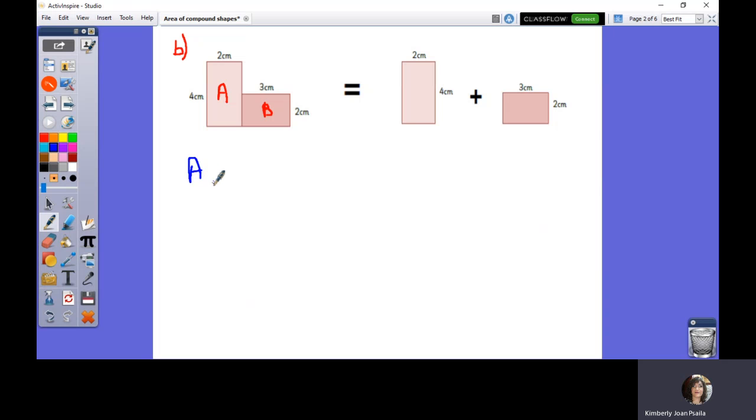Area of A, we know that the area of a rectangle is found by multiplying the length by breadth. So the length of this rectangle is 2 centimeters multiplied by 4 centimeters. 2 times 4 gives us 8, centimeters squared since we are talking about area.